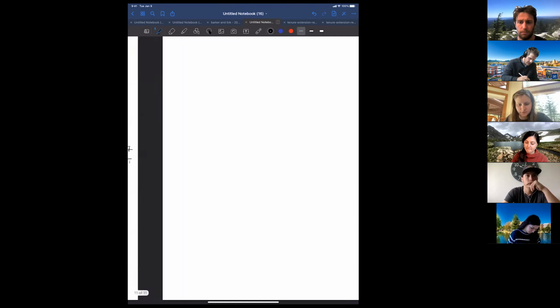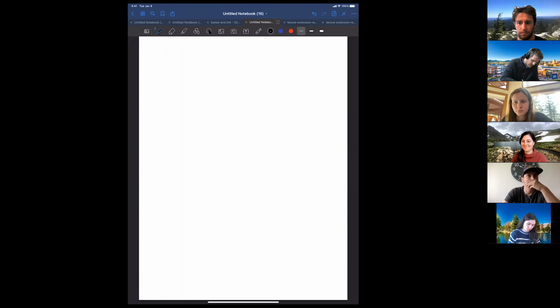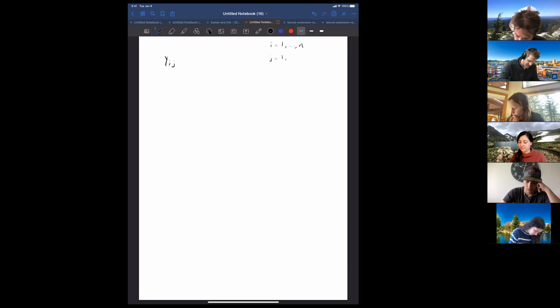All right, I'm going to allow you to start over fresh in your notes here. Y for observation i, this could be any time period, at site j. So we have i equals 1 to n observations at site j. j equals 1 to 7 because there are 7 sites.